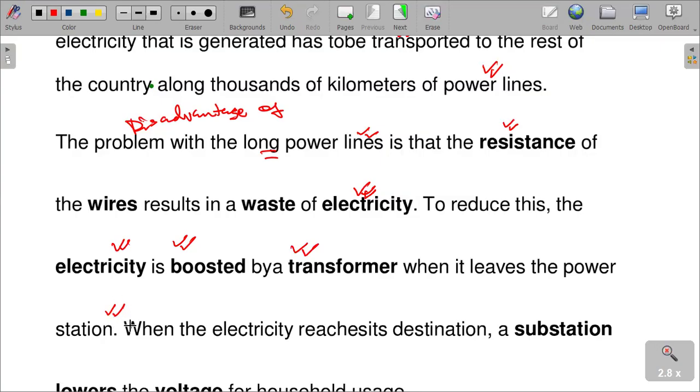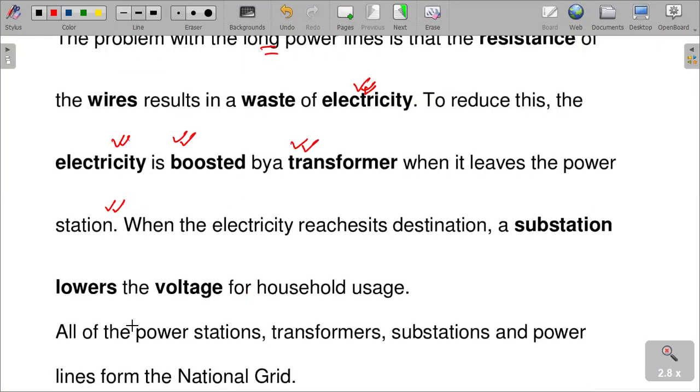When the electricity reaches its destination, a substation lowers the voltage for household usage. As you can understand, a transformer can either increase or decrease the voltage of electricity.